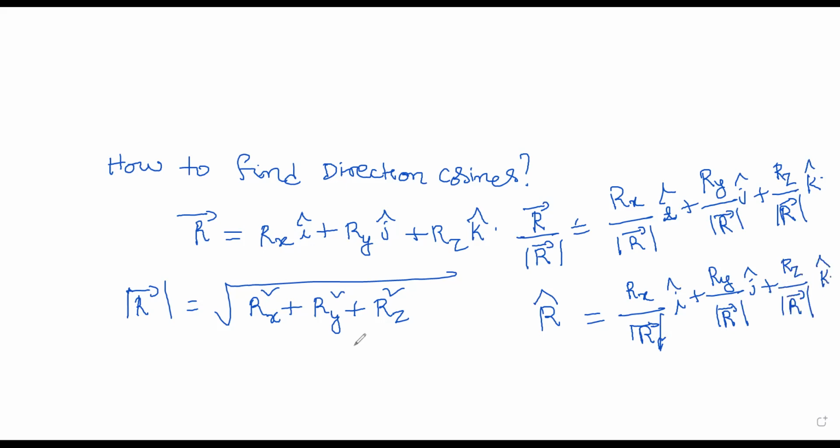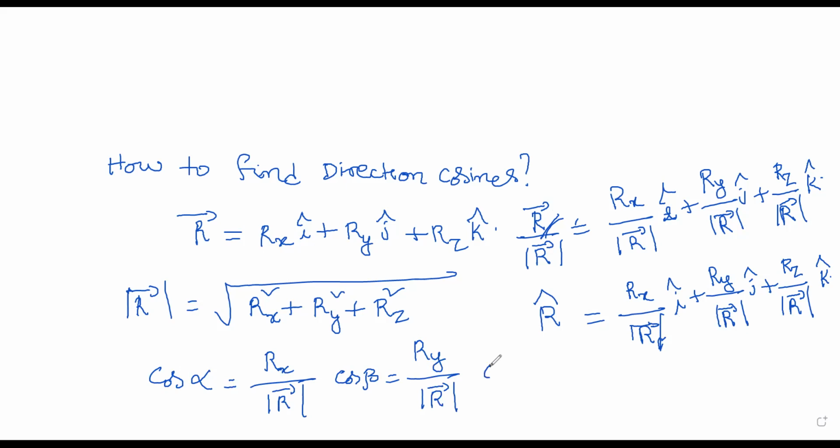And now from this, what is cos alpha, where alpha is the angle which R bar makes with the x-axis? That is Rx by mod R bar. Similarly, cos beta is Ry by mod R bar, and cos gamma is Rz by mod R bar.